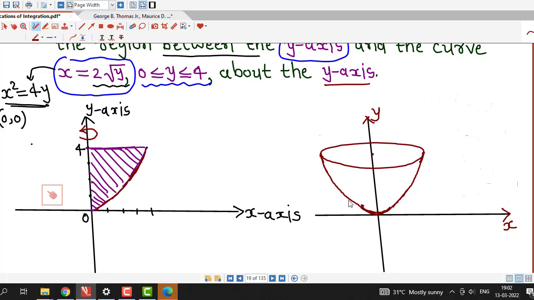The solid which will be generated will be in this form. This is a three-dimensional solid, but we are just sketching it in a two-dimensional plane to understand this method. Now we have to find the volume of this solid which is generated by revolution of this plane region.